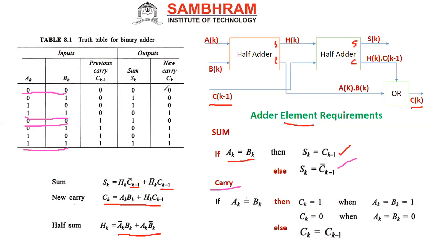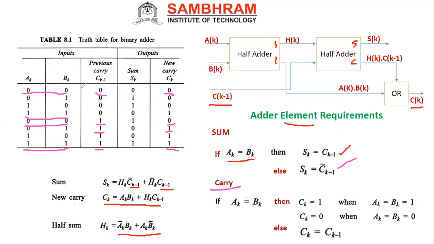Now corresponding carry you see 0. Next is 0. Next is 1. Next is 1. Now what you will do? Corresponding the previous carry you see now. 0. This is 1. This is also 1. This is also 1.